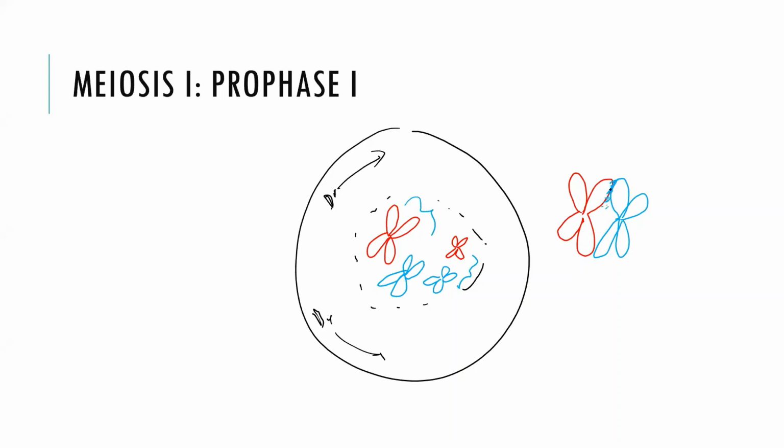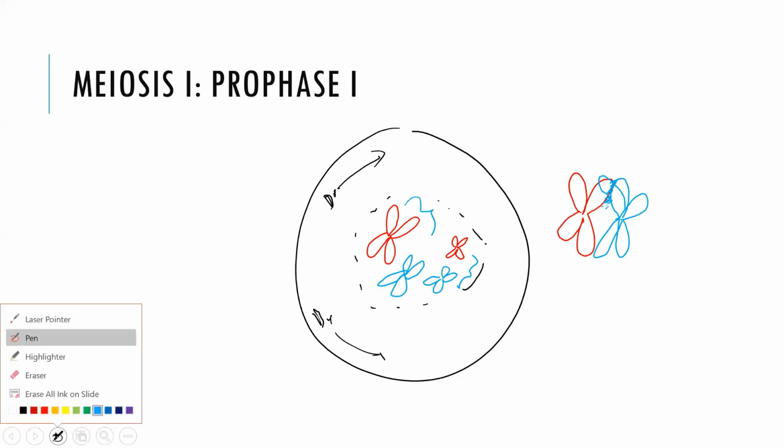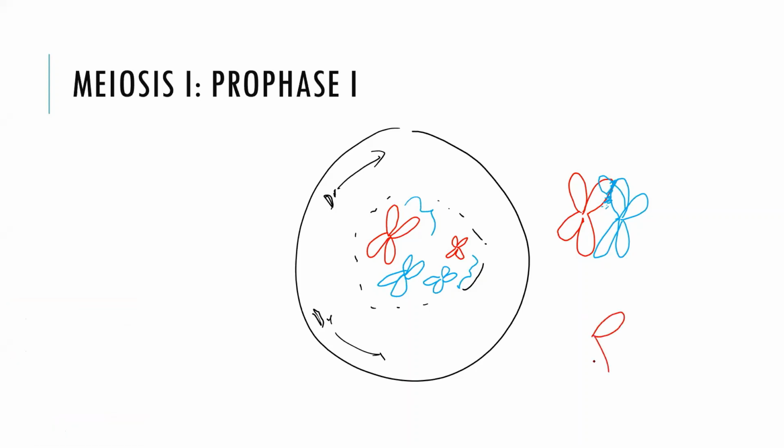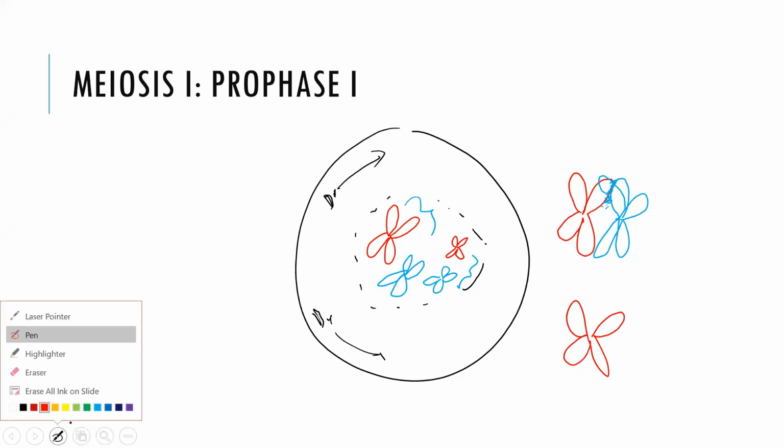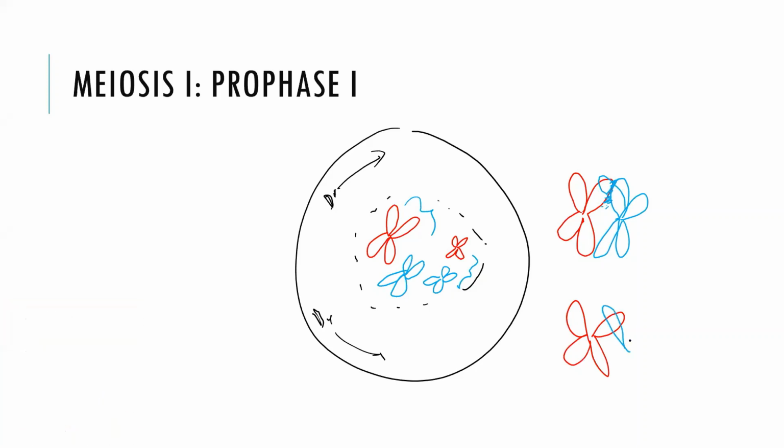They are called synaptonemal complexes, and they cross over each other. At some places, they cross over each other. Like this, they cross over. These crossing over places are called synapses, and these places are called a chiasma.